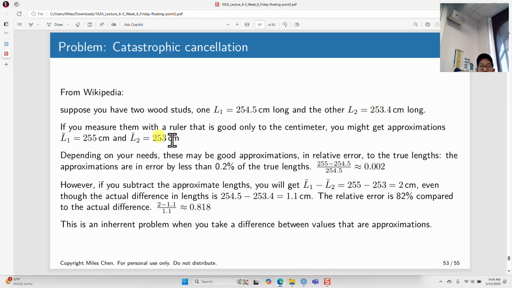Whereas when you use the approximate numbers of 255 versus 253, the difference is 2. So the true difference of 1.1 versus the estimated difference of 2, you have a relative difference of like 82%. So even though the approximate values are only off by less than 1% from the actual values, when you take the difference, it's way different from the actual difference, okay?